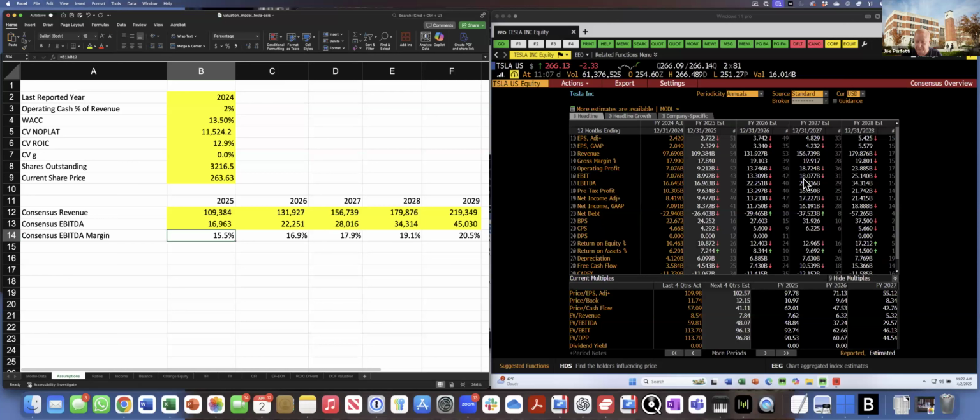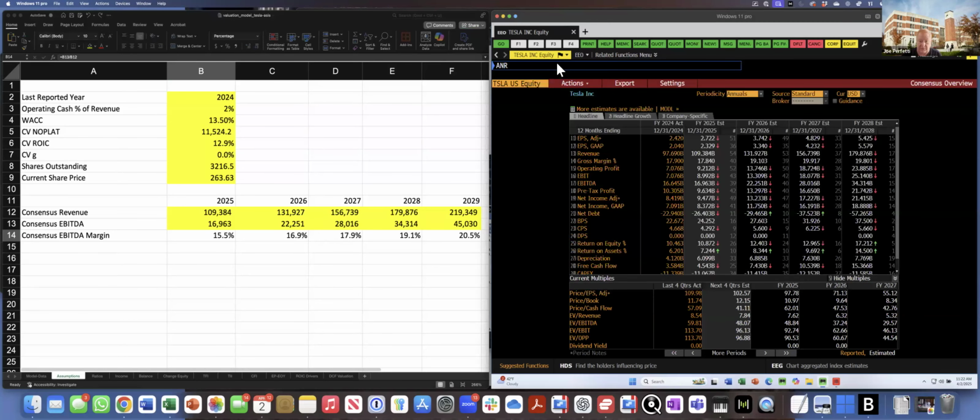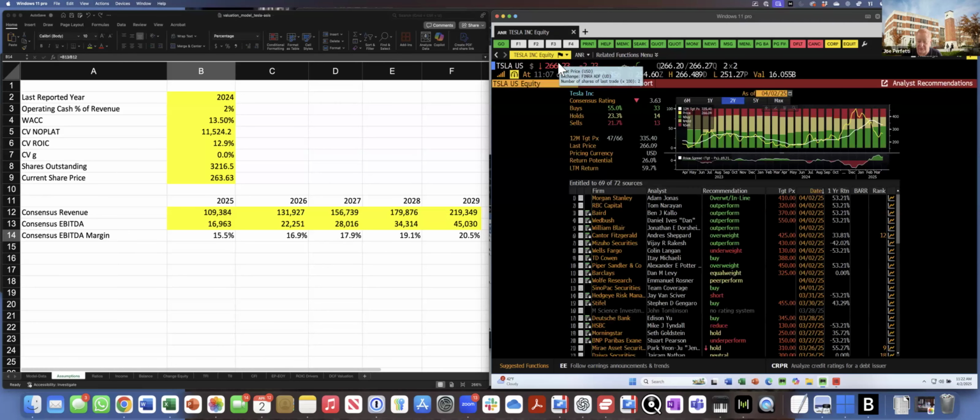But just remember, these numbers are averages. These analysts, sell-siders, are doing what we're doing. They're forecasting their models. You can see the actual models in their MODL, and then they're uploading them.